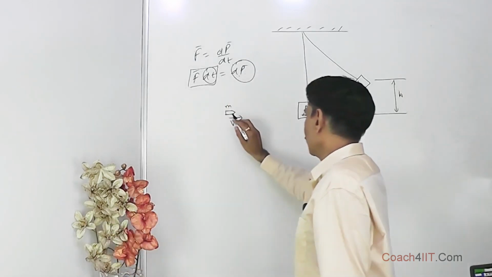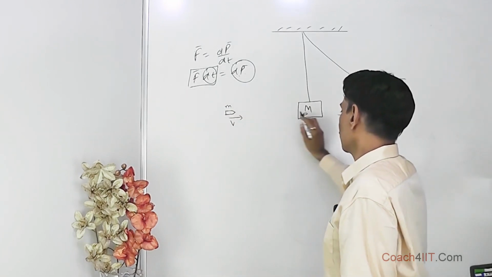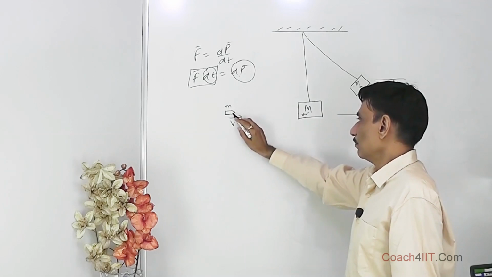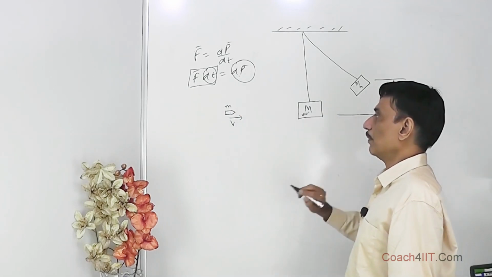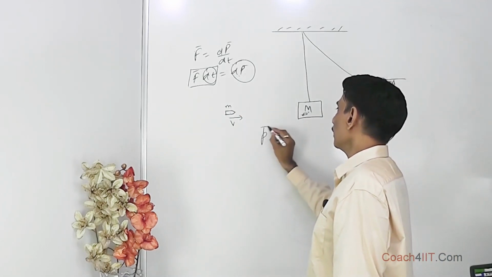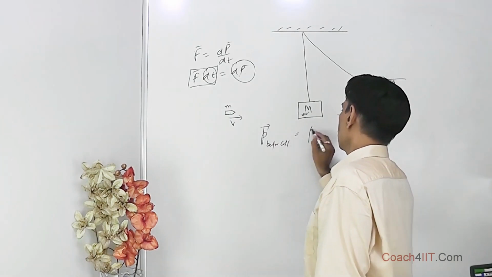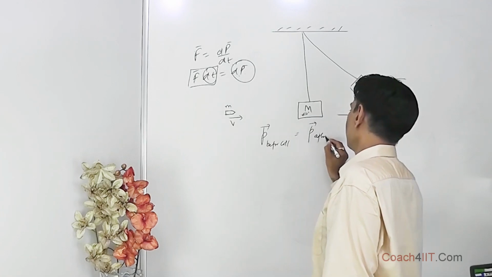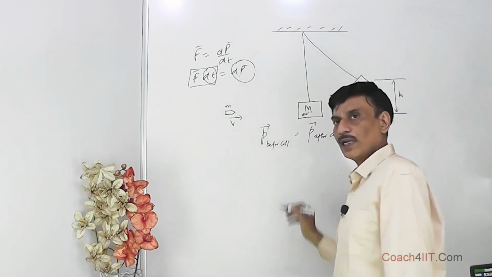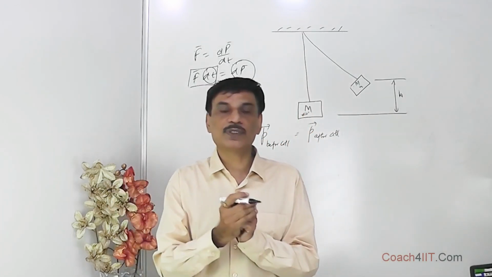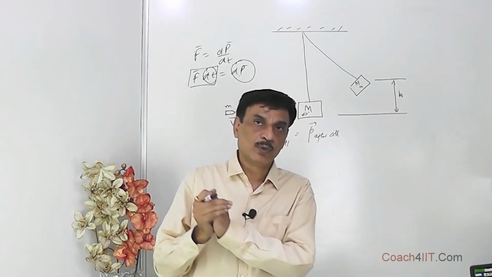So over here, when the bullet strikes the block, at this instant the momentum before collision is equal to the momentum after collision. This is the case when a body comes and collides with a second body, and both bodies move with a single velocity.